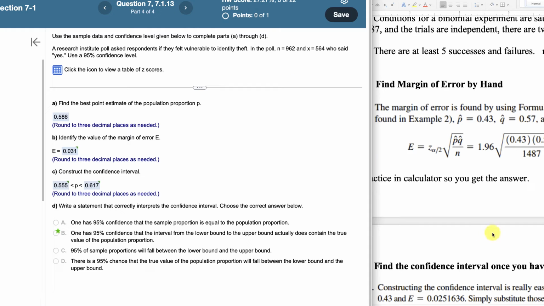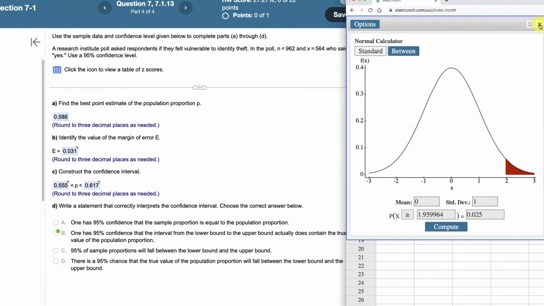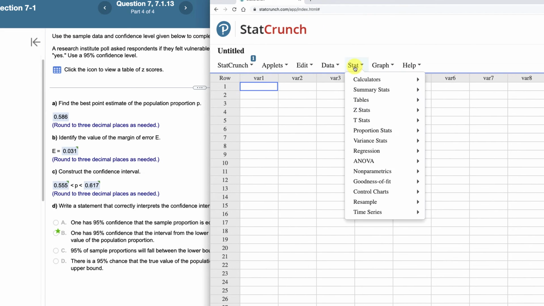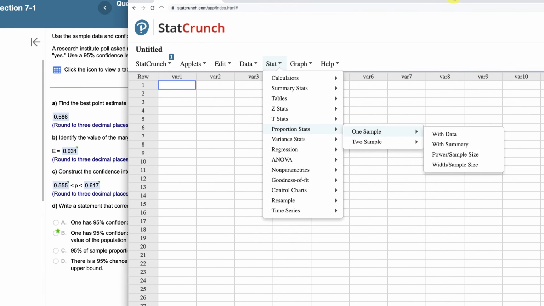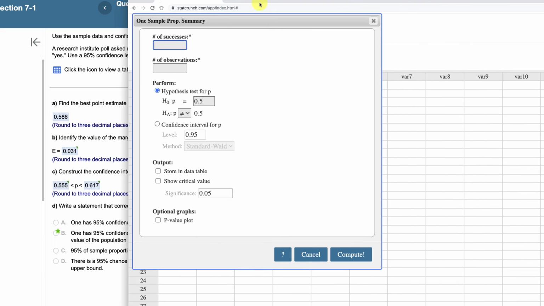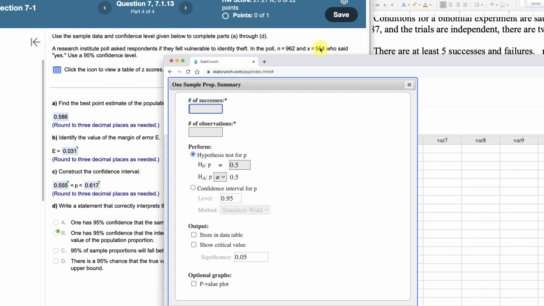Now StatCrunch allows us to do this relatively fast. Let's look at that. StatCrunch, proportion stats, one sample, with summary. The number of successes is what we have here, 564.